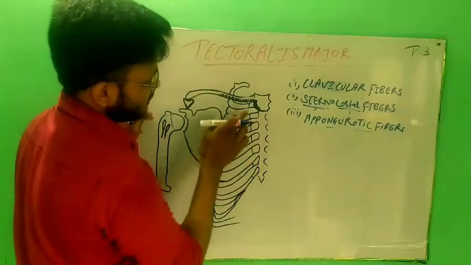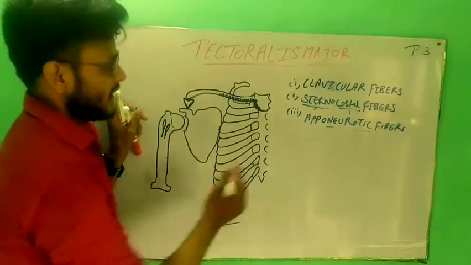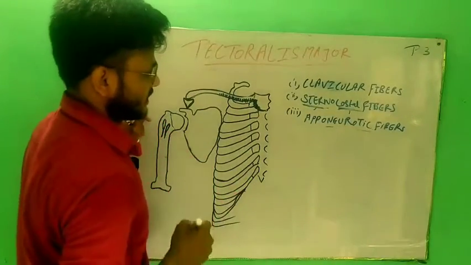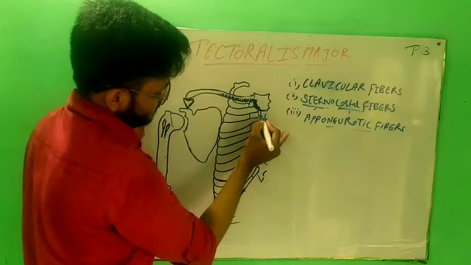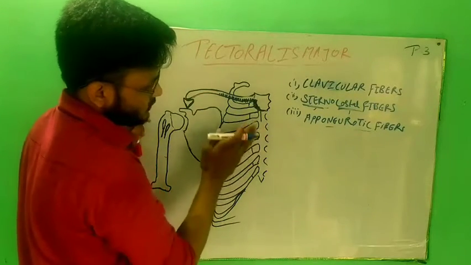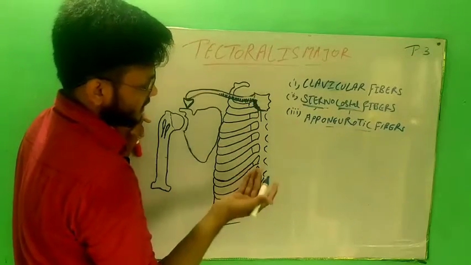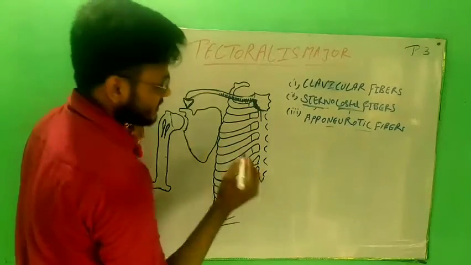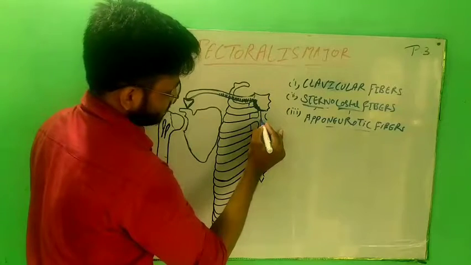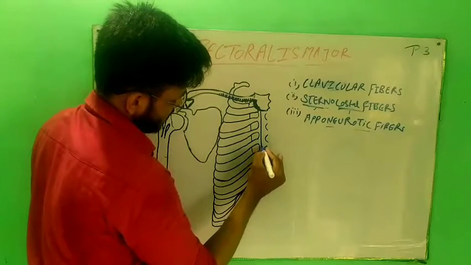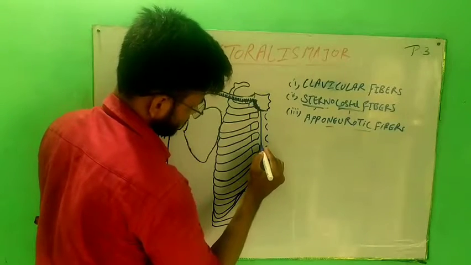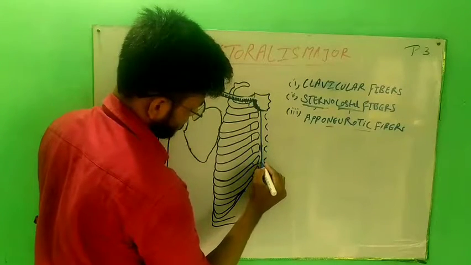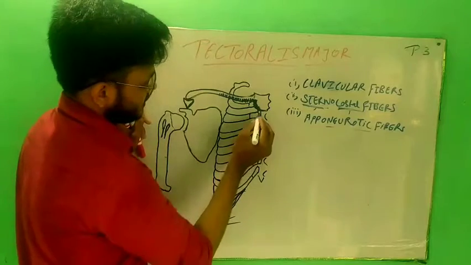Sternocostal fibers arise from the lateral half of the anterior surface of the sternum up to the sixth costal cartilage.